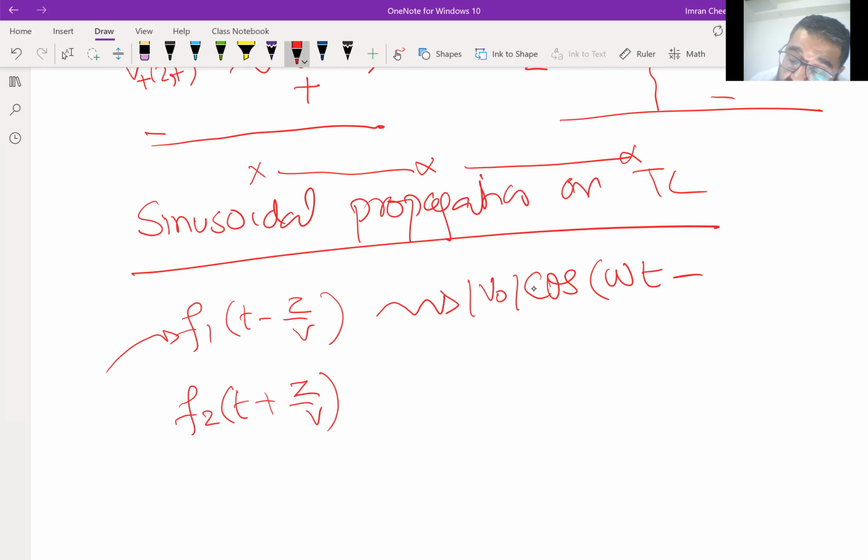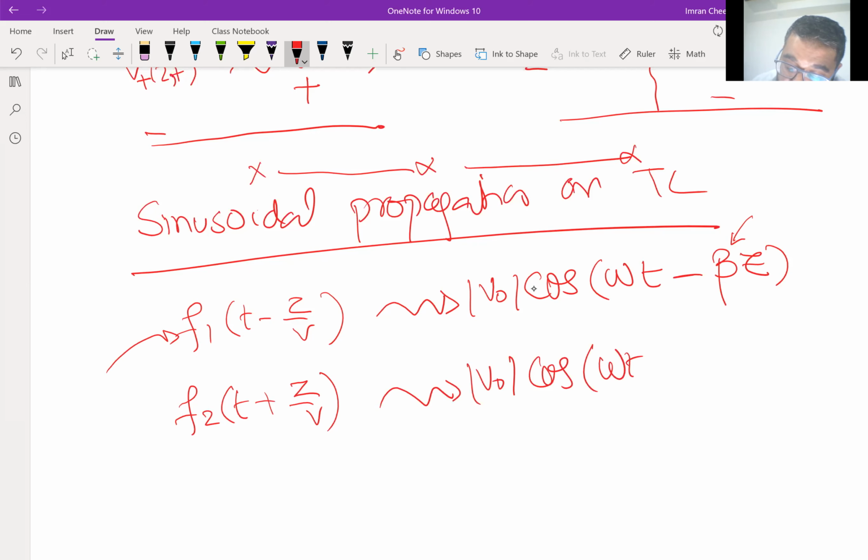So omega t minus beta z. I have introduced a symbol here which I'm going to shortly explain. And this one would be omega t plus beta z. If I'm writing it for the voltage, the unit of this is volts. This is also volts.